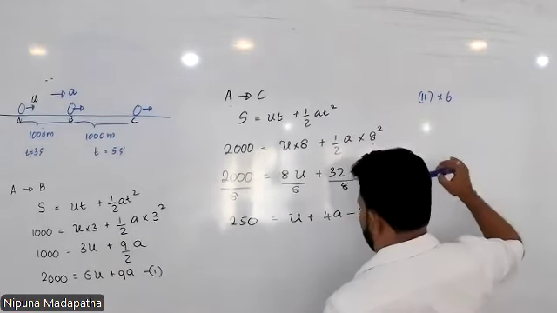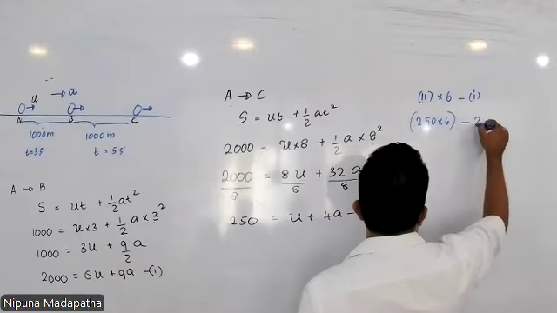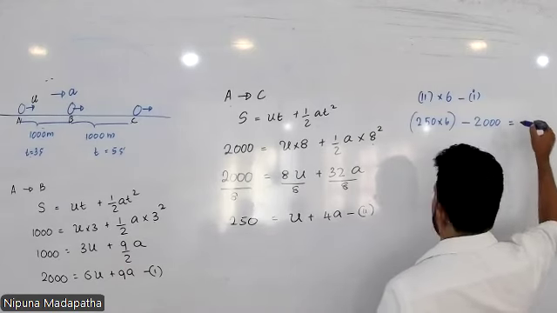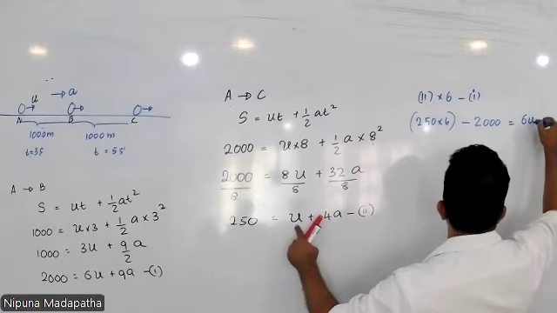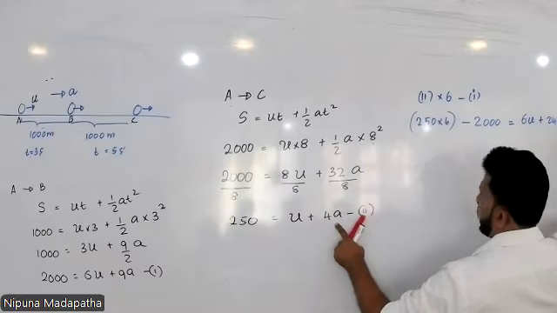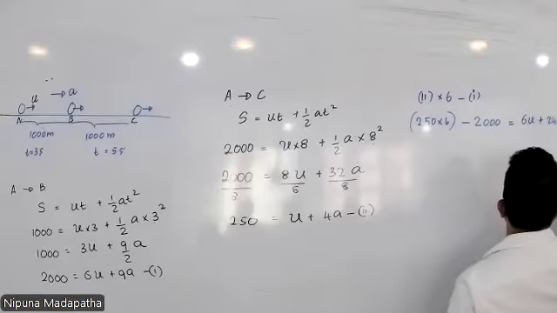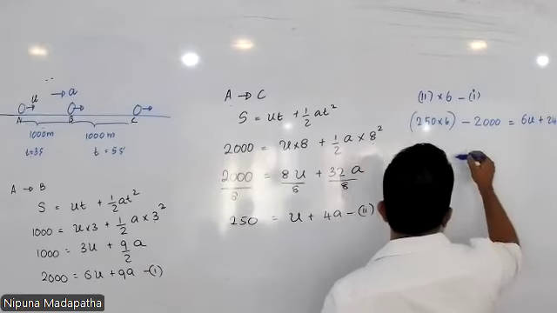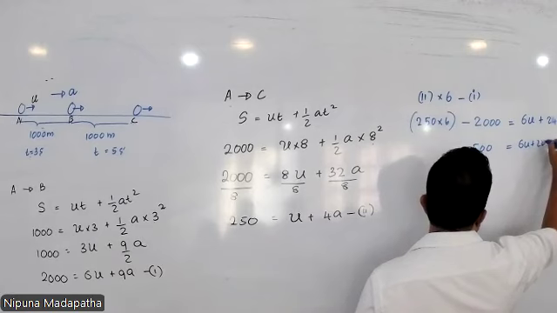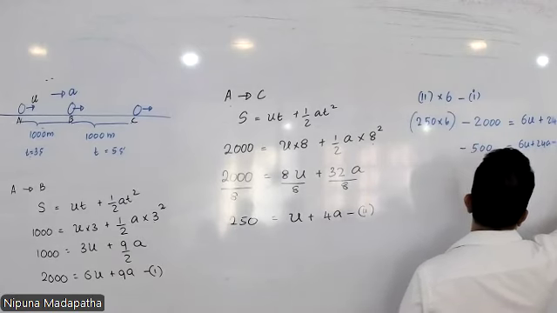So 250 into 6, subtract equation 1, the value is 2000. So u becomes 6u plus 6 times 4 is 24a, minus 6u plus 4a. 250 into 6 is 1500, minus 2000 is negative 500. 6u plus 24a minus 6u minus 4a.